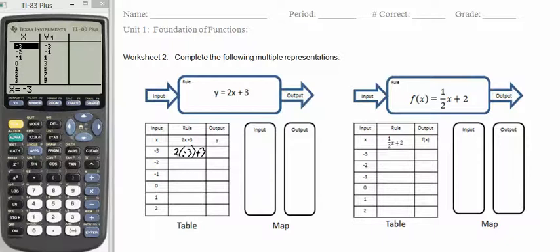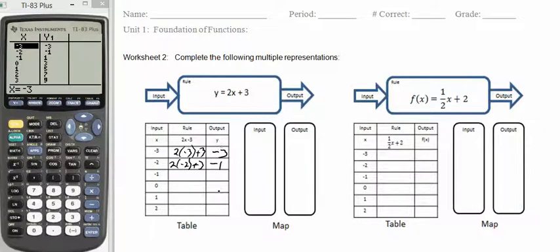By hand, 2 times negative 3 is negative 6, plus 3 is negative 3. So negative 2 would be 2 times negative 2 plus 3. 2 times negative 2 is negative 4, plus 3 is negative 1. And that's what it shows on here.